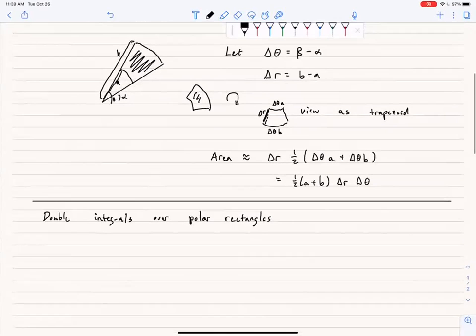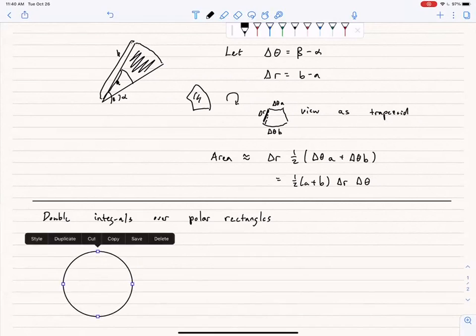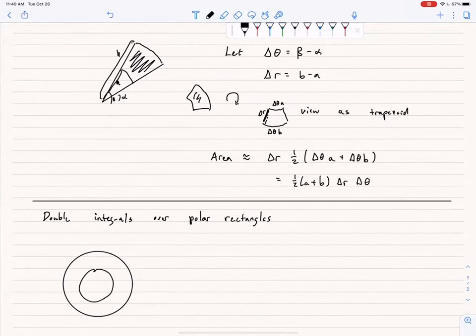Okay, so let me just draw a couple of circles here. And what I want to do is imagine that I have this polar rectangle, some kind of sector here.